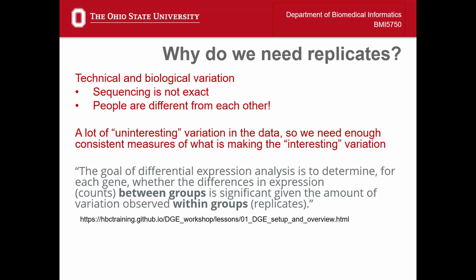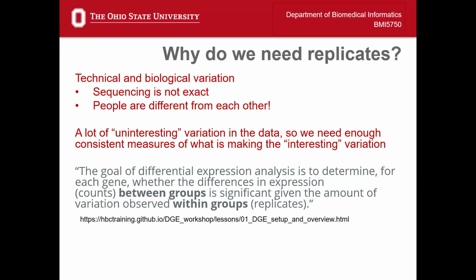I don't know if that's exactly true. There are differences, mouse to mouse to mouse, but there are going to be fewer differences. There's going to be less biological variation between mice than there will be between people. But no matter where this data is coming from, we need replicates because there's going to be a lot of uninteresting variation in the data.